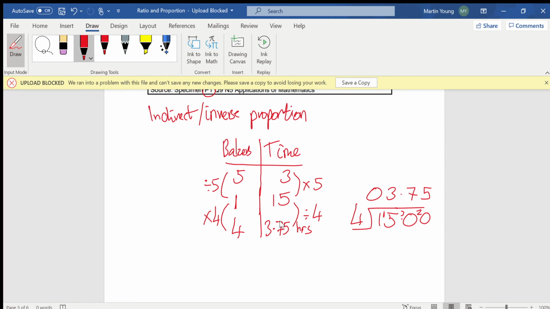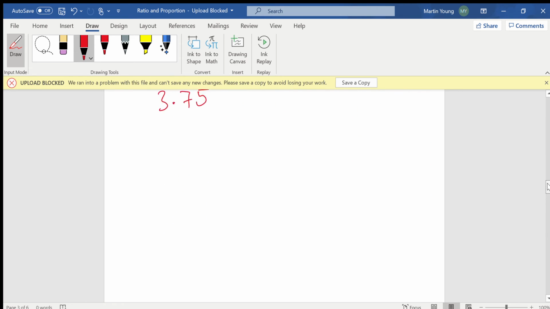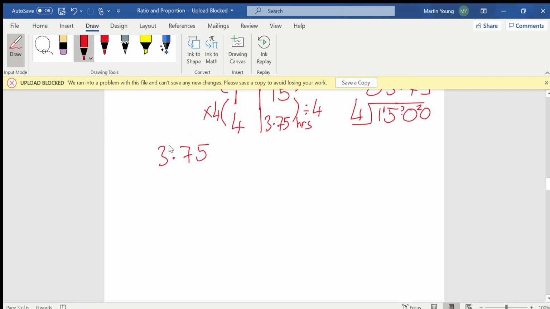What are we told though? We are told to put this into hours and minutes. So just going to take that down to one side. This part here is already in hours, right? That's whole hours. So this bit here can just stay the same, and that's 3 hours. What we need to do with this bit here is almost remember these exact values for times. So 0.75 is 3/4.